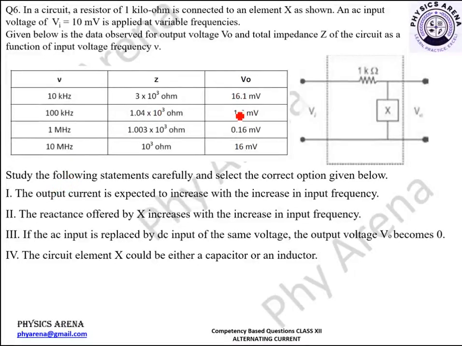But before that, let us study this table to find out certain facts about the circuit. So we can see that at 10 kilohertz, the impedance is 3 multiplied by 10 to the power 3 ohm. But when we increase the frequency, moving from 10 kilohertz to 100 kilohertz, the impedance Z is decreasing.